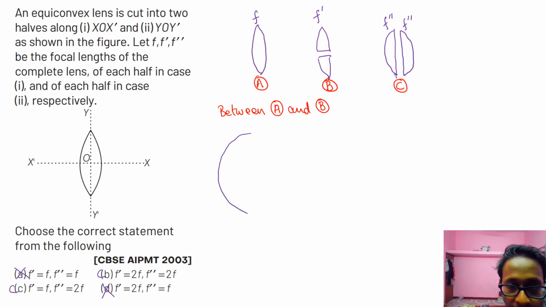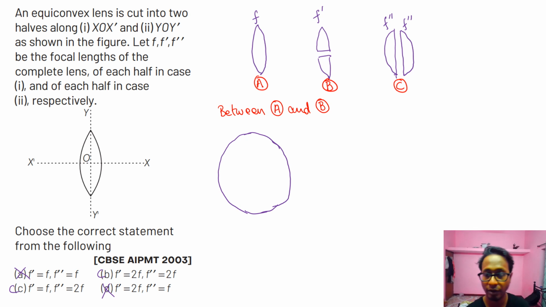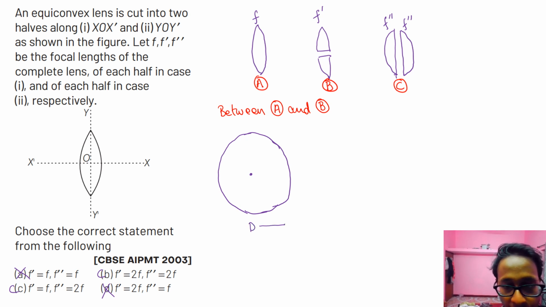I'm drawing this big lens; up till now I was showing the lens in this manner, but now I'm showing the lens in this manner. That means the rays are coming from the back, going into this and going out of the screen. So suppose this is the lens, and this is nothing but the aperture diameter, or diameter of the aperture.